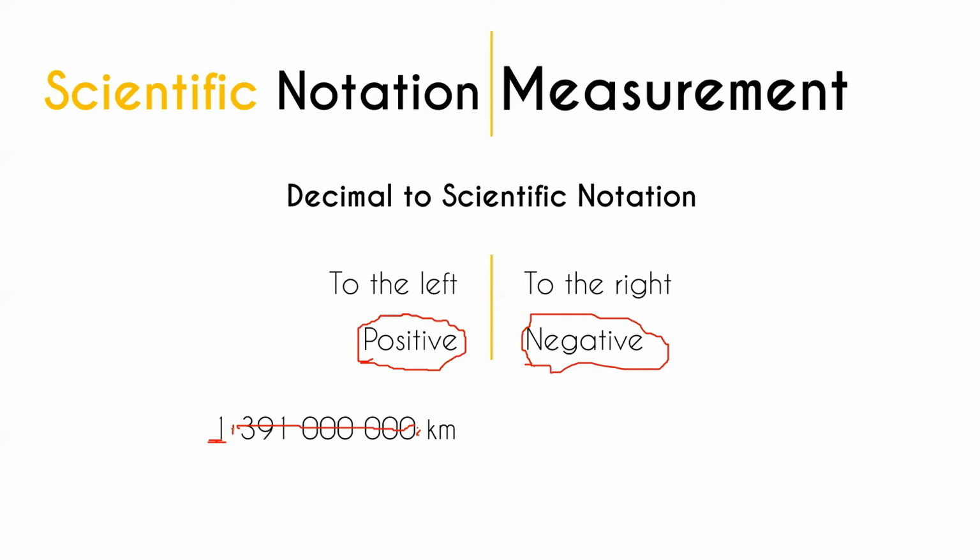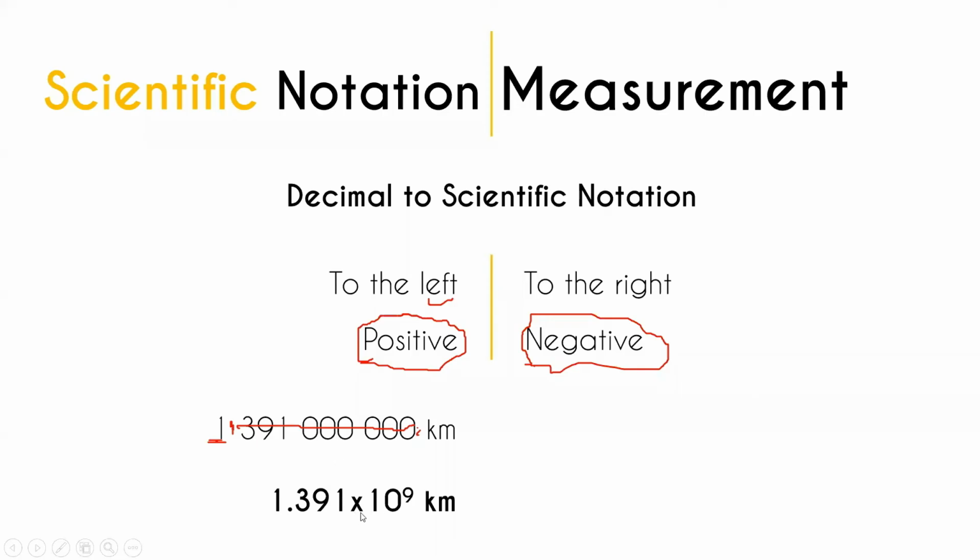So hanggang dito, so 9. The question is it positive or negative? It is positive because it is a very big number and you move that to the left. So magiging positive yan. So 1.391 times 10 to the power of positive 9.